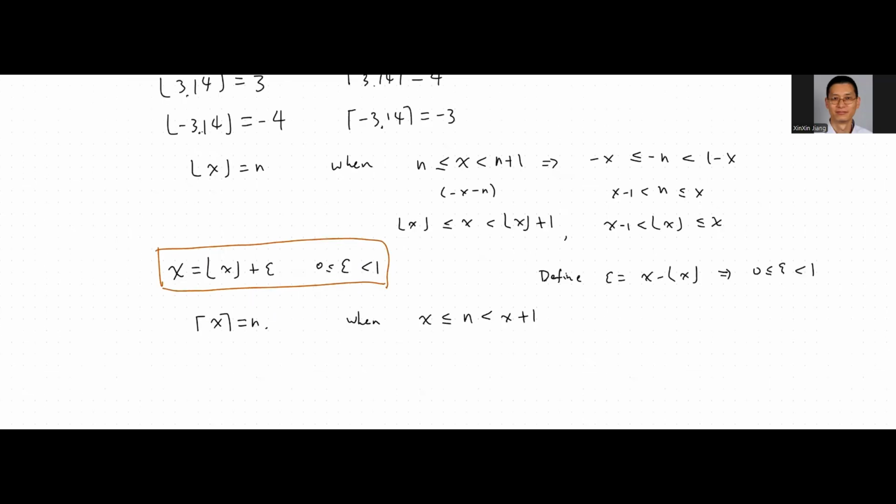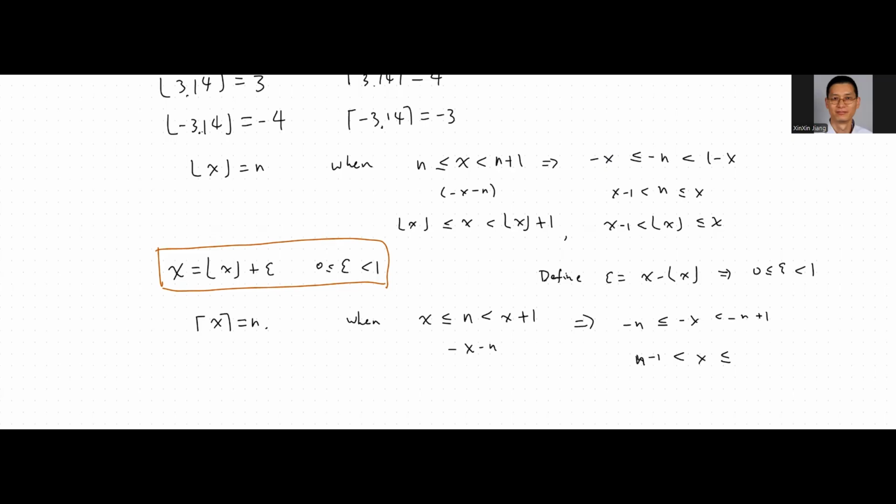And if you do some algebra, so subtract x, subtract n, you would get negative x less than negative n plus 1, greater than or equal to negative n, and then you multiply by negative 1, you get n minus 1 is strictly less than x, less than or equal to n.